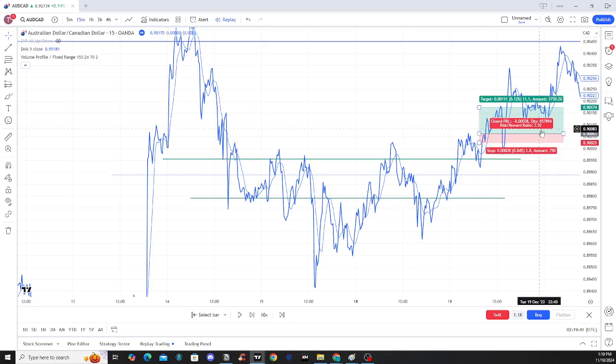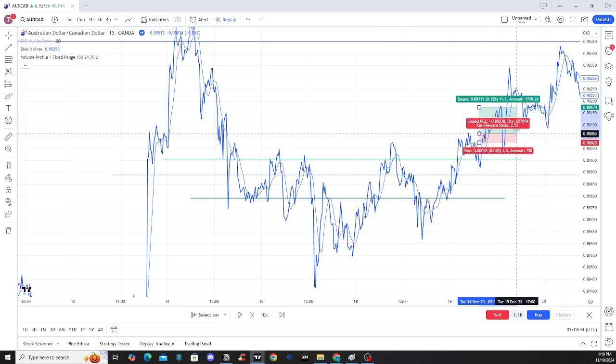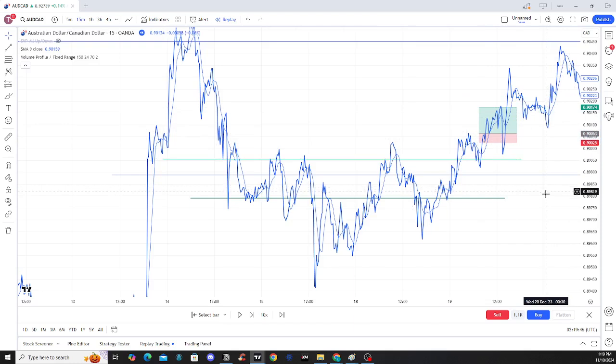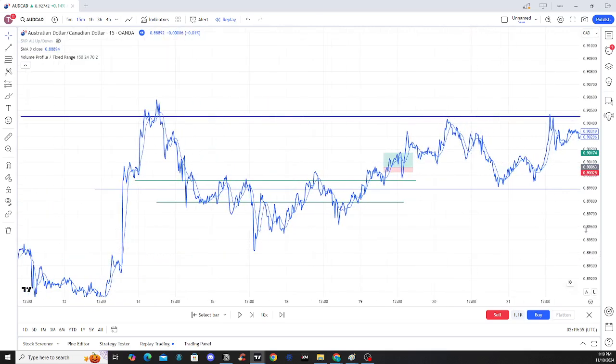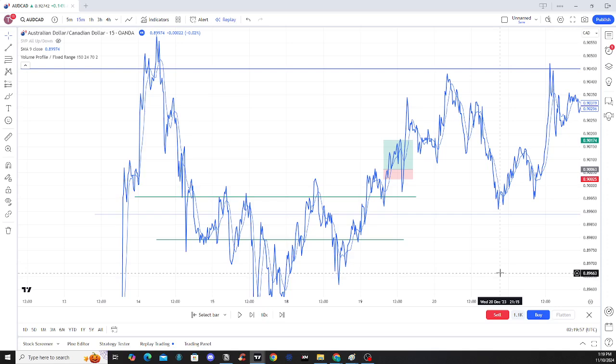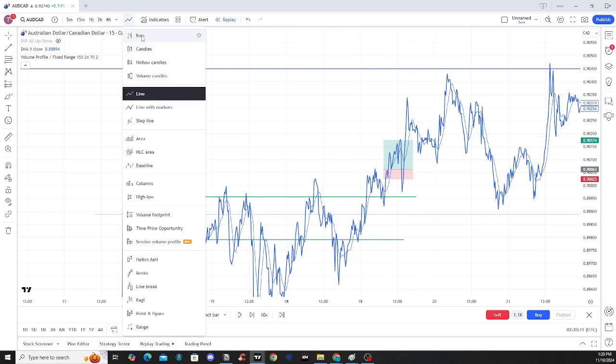Now, with an entry and exit like this, my initial thoughts are that I would try and use a 2-to-1 risk in this type of environment, simply because the pullback to the breakout point is very, very small.